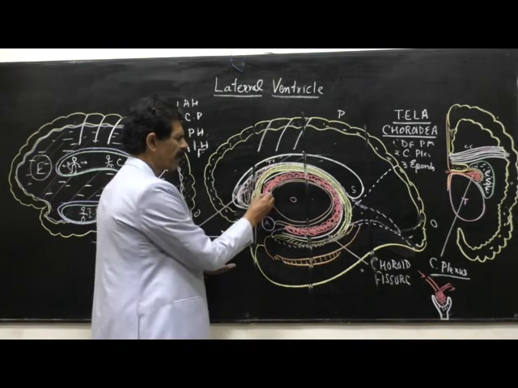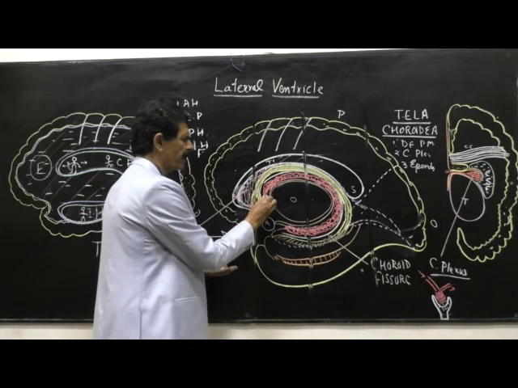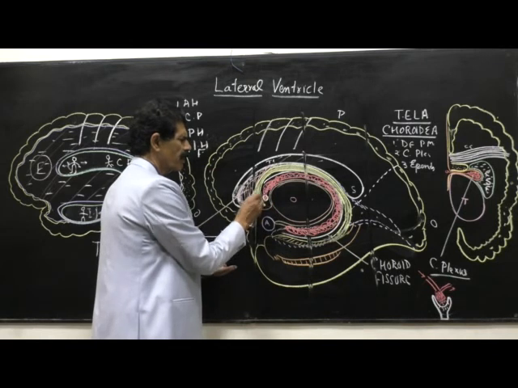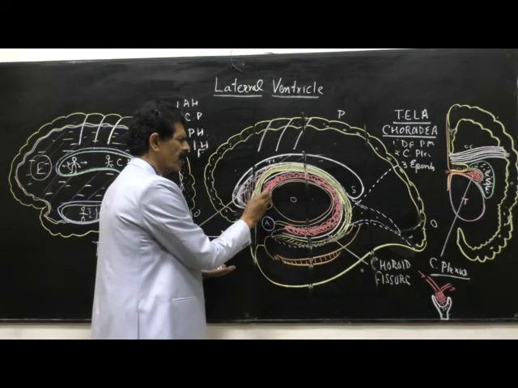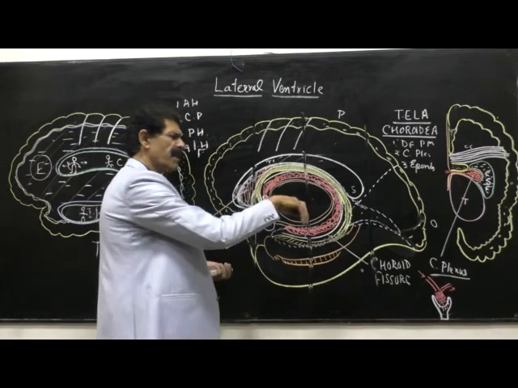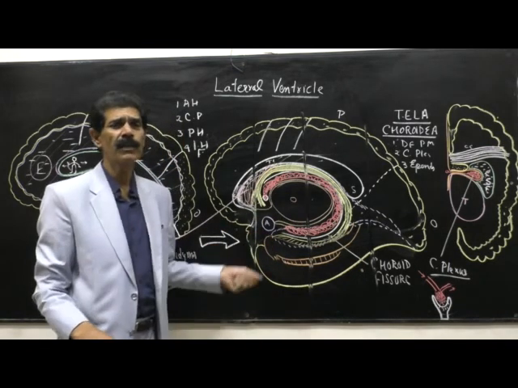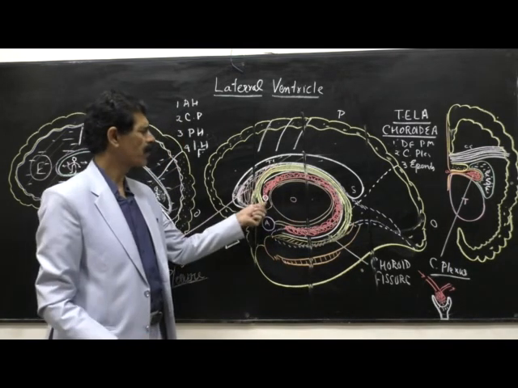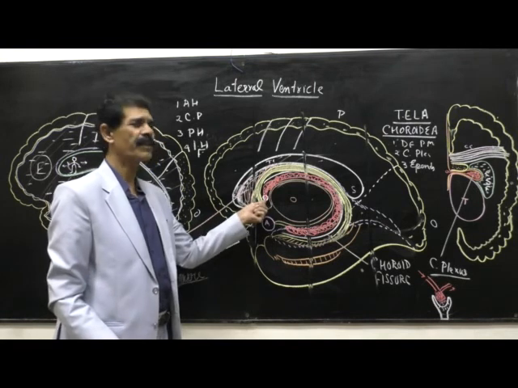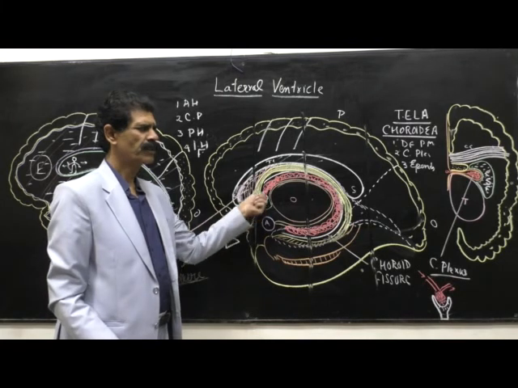And this interventricular foramen of Monro is present anterior to the thalamus, but posterior to the column of the fornix. So the choroid plexus extends into the third ventricle through this interventricular foramen of Monro, which is situated here. So this is the choroid plexus.